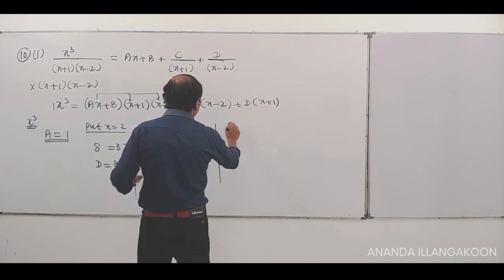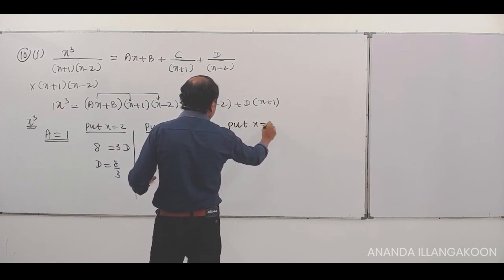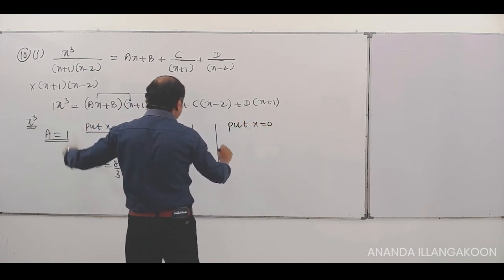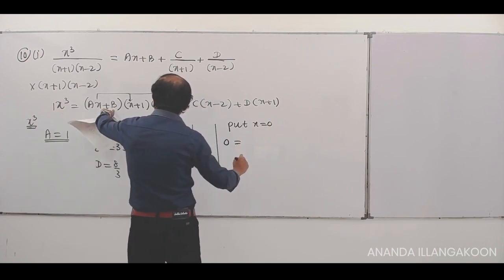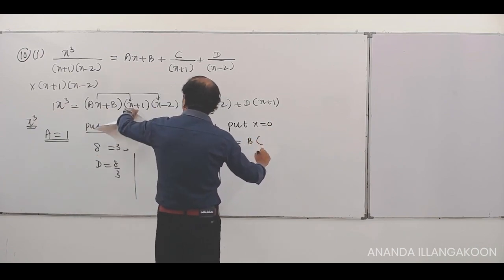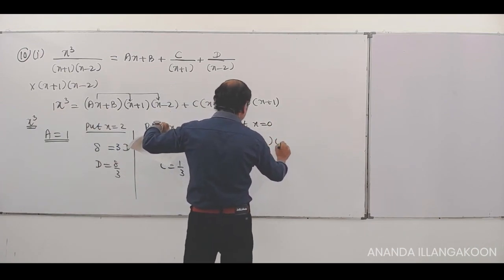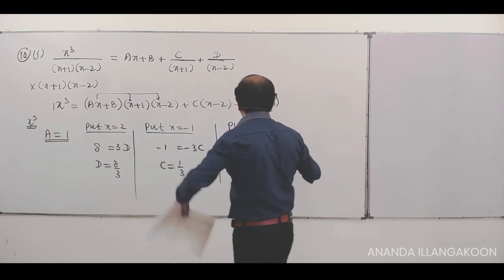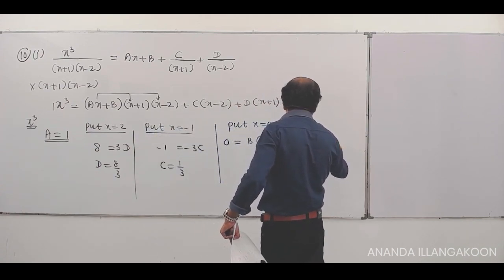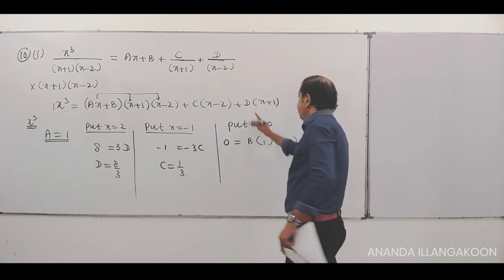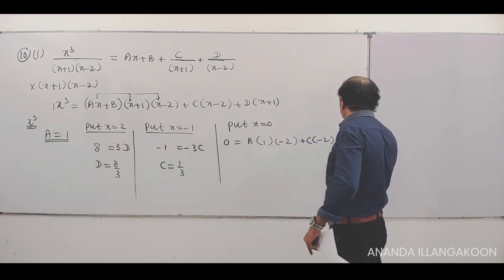Put x equals 0. Left hand side, this is 0. This bracket b, this bracket 1, this bracket minus 2, this bracket c into minus 2, here d.